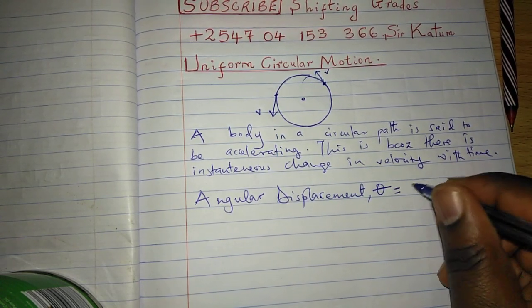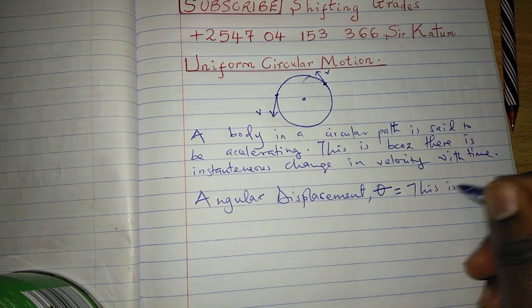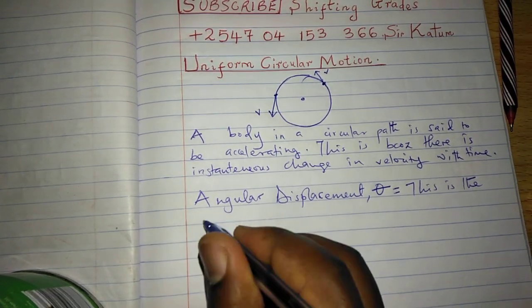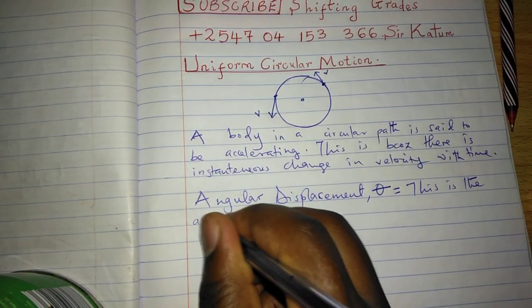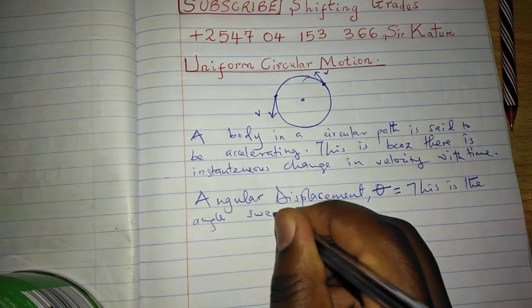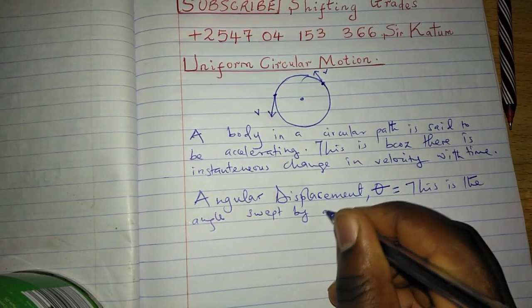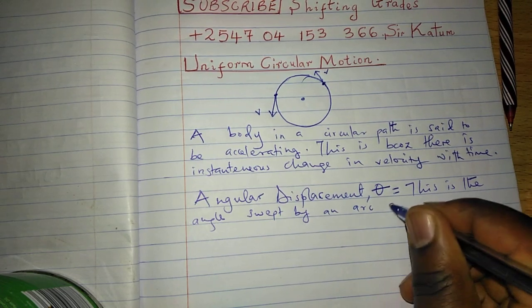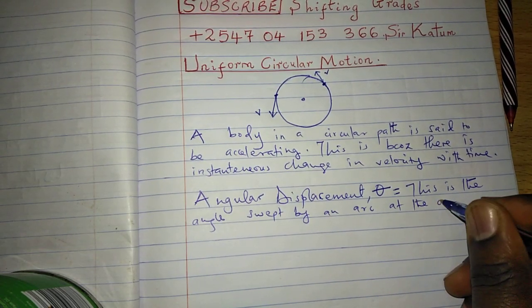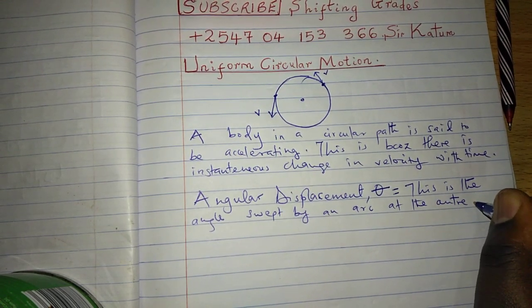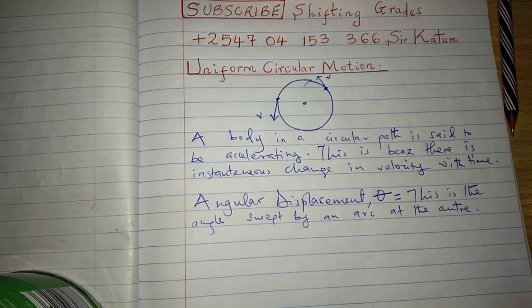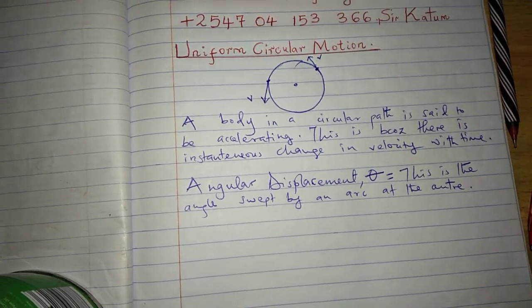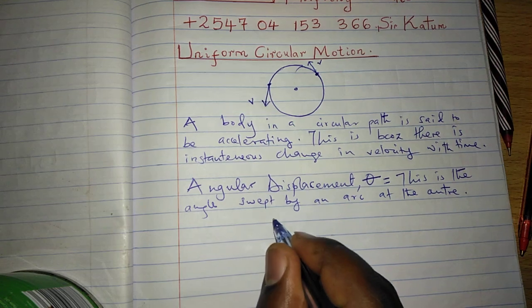We usually say this is the angle swept by an arc at the center. So at the center of the circular path, the angle swept by any arc is called the angular displacement.